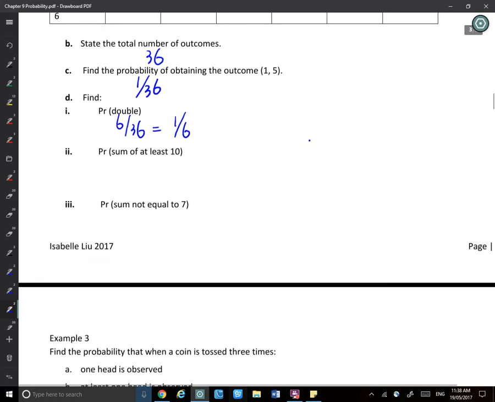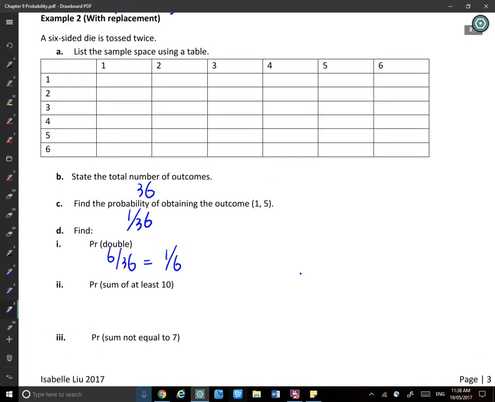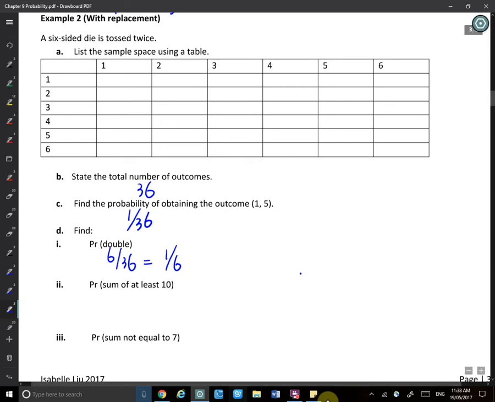Okay, next one. The sum is at least 10. We'll count how many outcomes actually give you 10 or above. 3 plus 6 only gives you 9, it's not enough. You start from 4. 4 and 6 will give you 10. 5, 5; 5, 6; 6, 4; 6, 5; 6, 6.